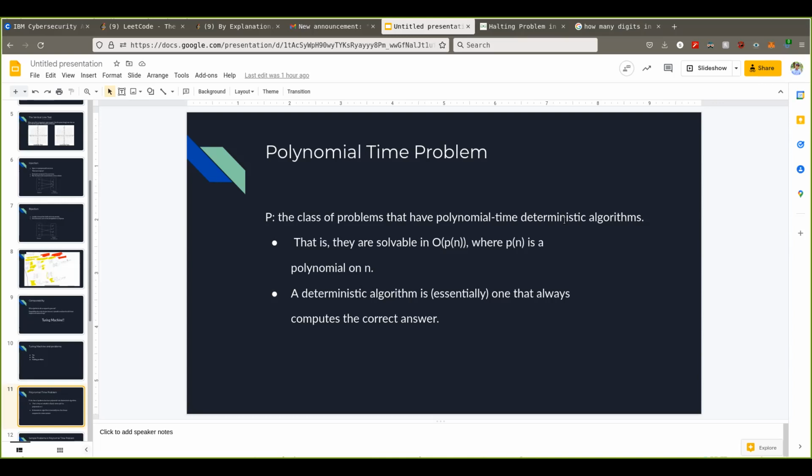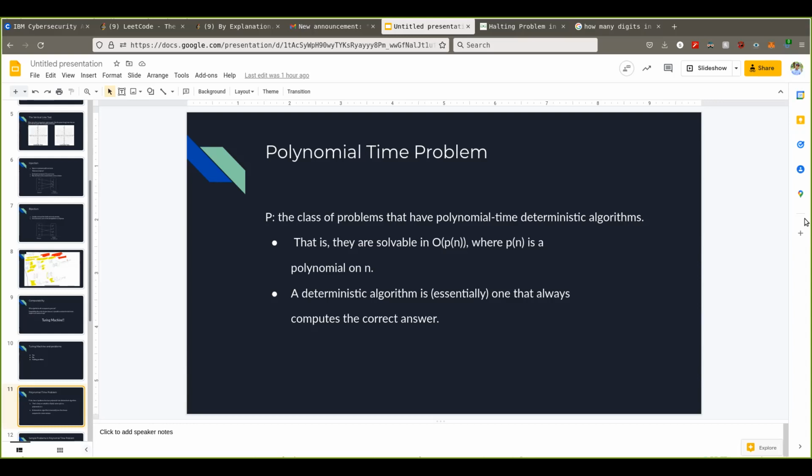In decidable problems, we also have two classes: tractable and intractable problems. A tractable problem is one we can solve in polynomial time, and intractable is the reverse of this. So the P class is problems that can be solved in polynomial time.